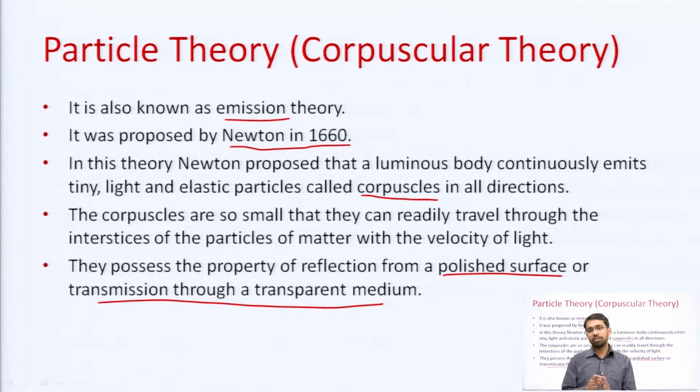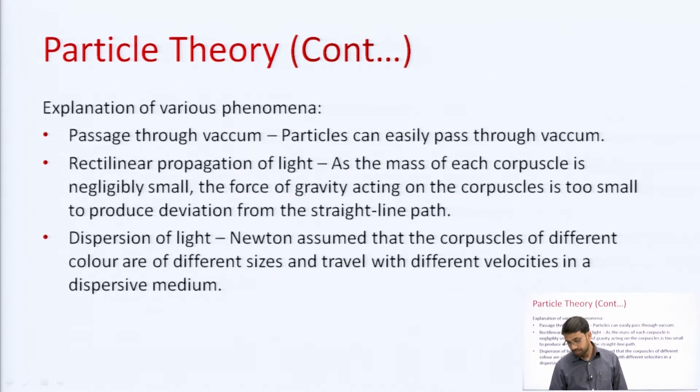So, in this theory Newton assumed various different things to explain different phenomena of light. Okay. So, how did he explain different phenomena?